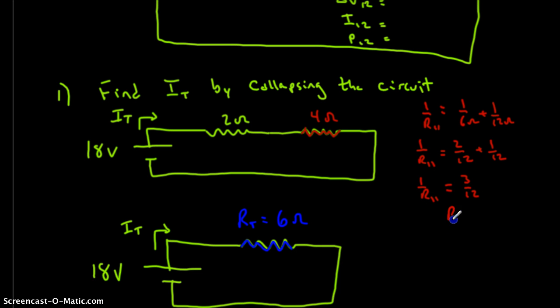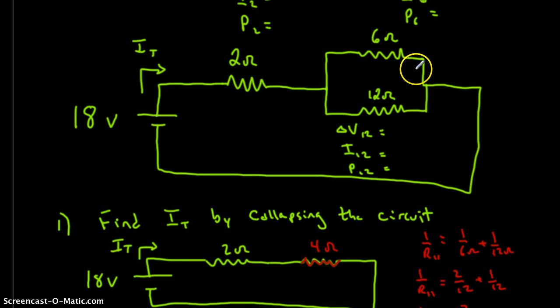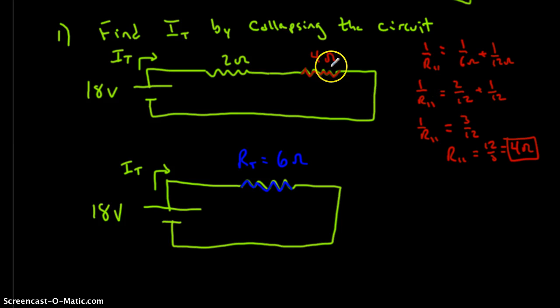And inverting that, we find the parallel resistance is 12/3, or equivalent to 4 ohms. So we can replace our two parallel resistors with an equivalent 4 ohms of resistance, and that allows us to continue to simplify the circuit to find the total resistance.